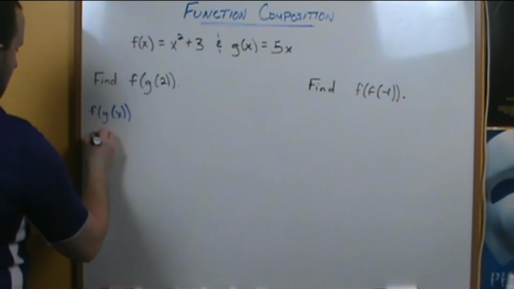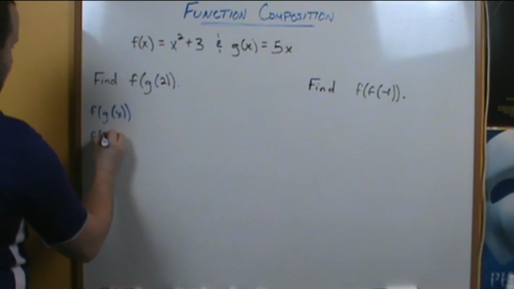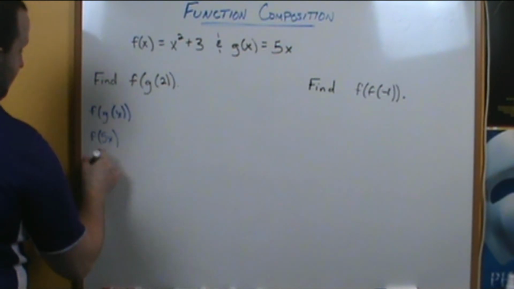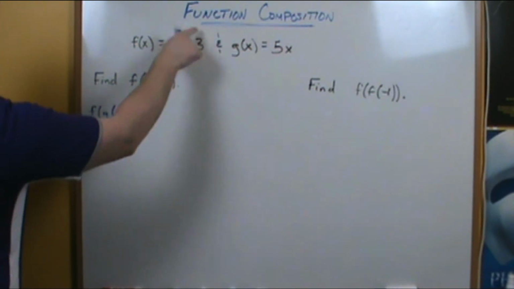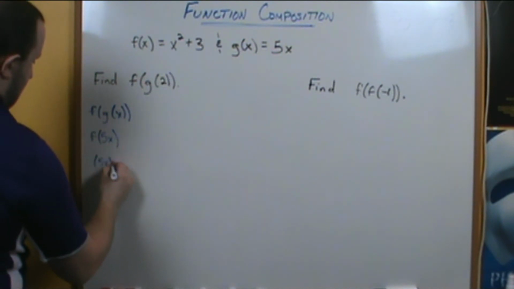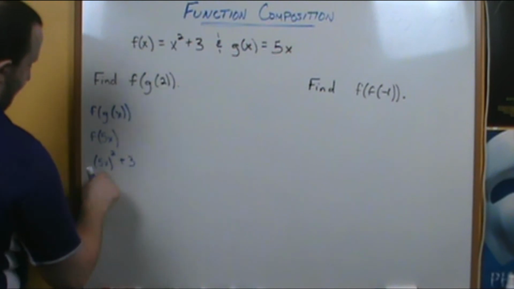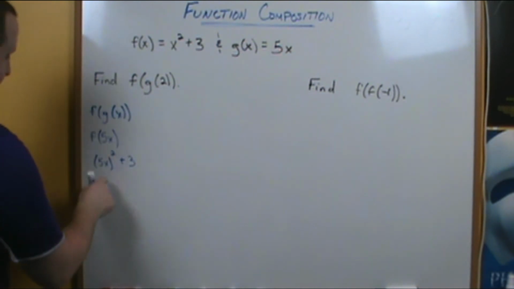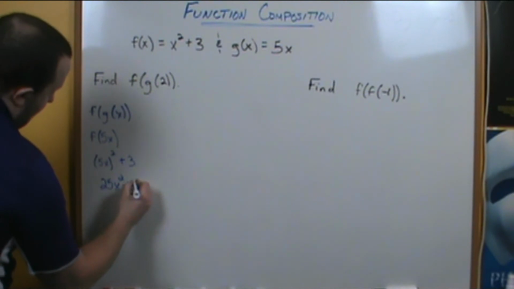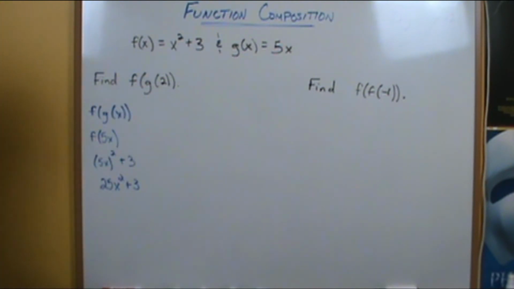So, g of x is 5x. The function f is x squared plus 3. So wherever we see an x in f of x, we're going to replace it with 5x. So we have 5x squared plus 3. Simplified, taking care of that power, this is 25x squared plus 3.